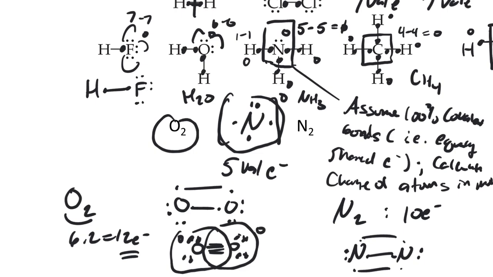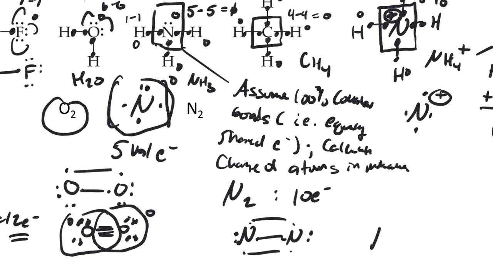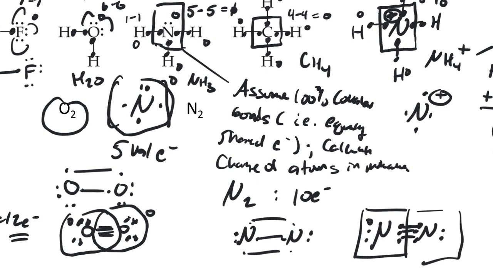And then nitrogen here, let me rewrite the structure: nitrogen, triple bond, nitrogen, with a lone pair on each. If you imagine we break this bond here, it also has a 0 formal charge. The other nitrogen is obviously the same, 0. And each nitrogen has 8 electrons closest to itself.